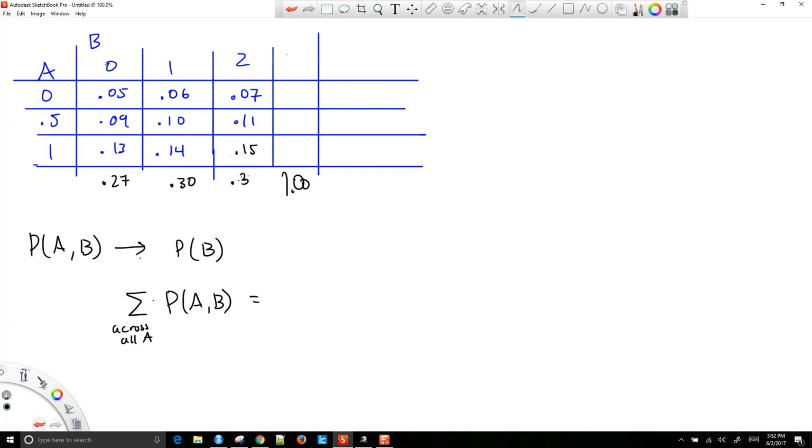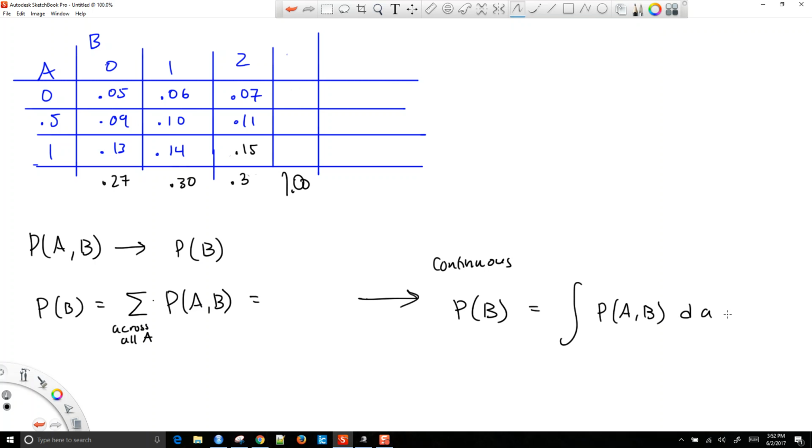So the distribution of B is basically summing up the joint probabilities across all A's. And then it just generalizes to continuous: the probability of B becomes the integral of probability A and B across all A's. And this is what they're trying to do.